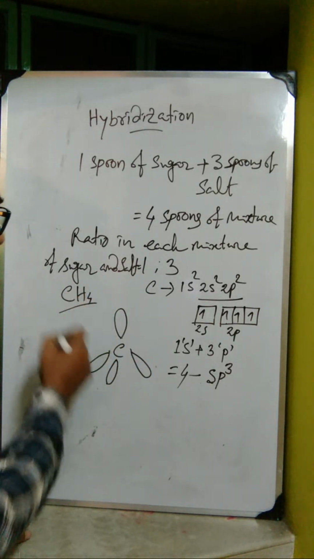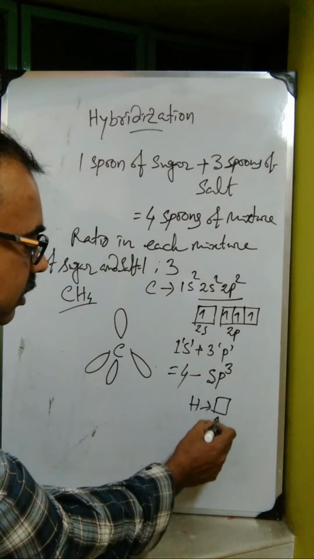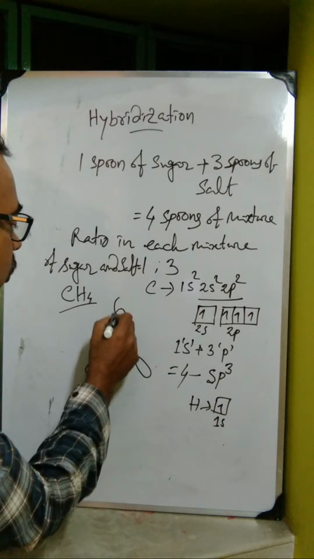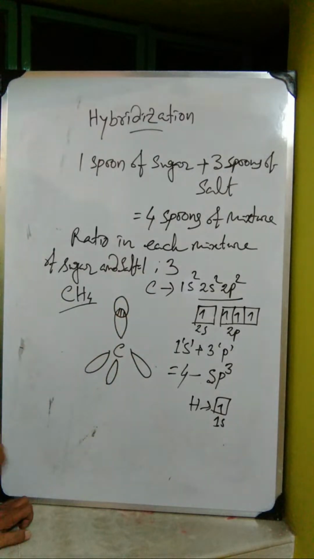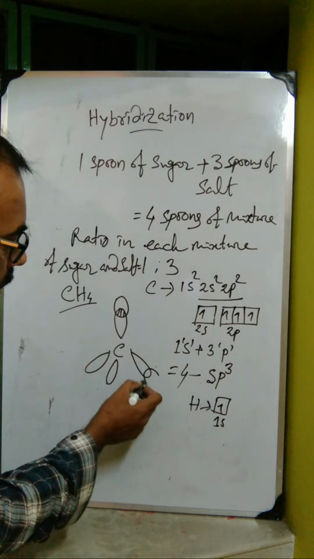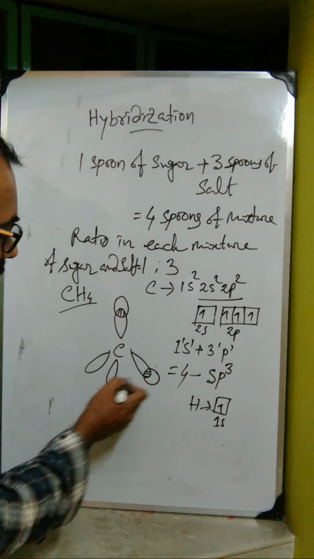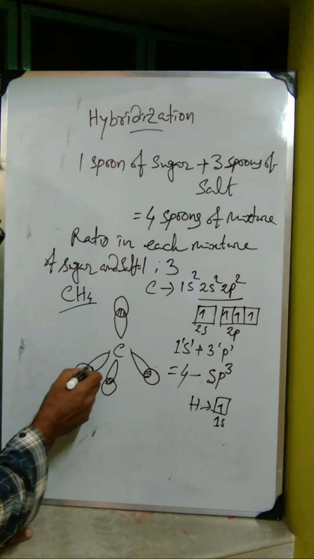Now the atomic orbital of hydrogen comes with a single electron which is present in the 1s orbital. Here an overlapping occurs between the 1s orbital of hydrogen and an sp3 hybridized orbital of carbon. Here again the 1s orbital of another hydrogen comes, and here the 1s orbital of another hydrogen.